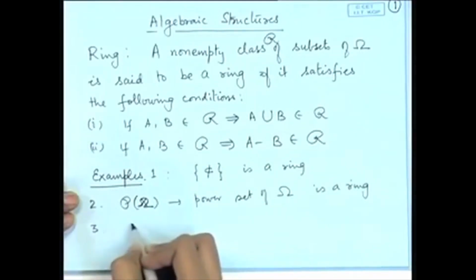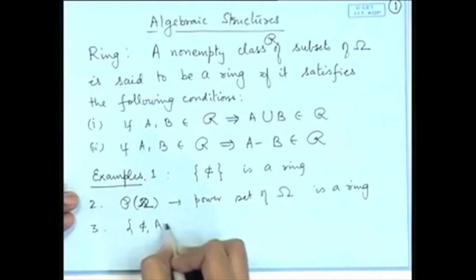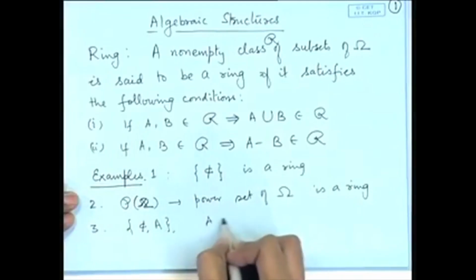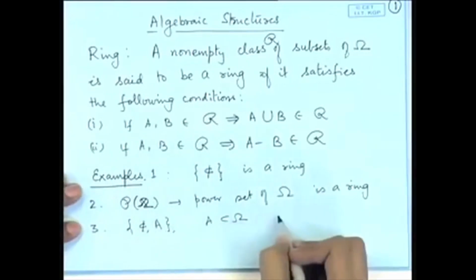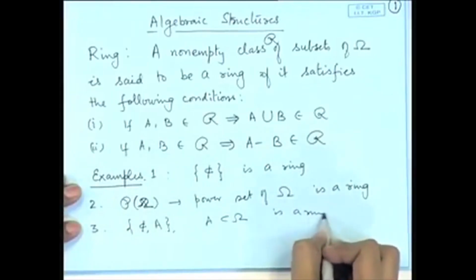If I consider a class phi and A, where A is a subset of omega, then this is also a ring, because phi union A is equal to A, A minus phi is A, and phi minus A is phi. So, this is also a ring.